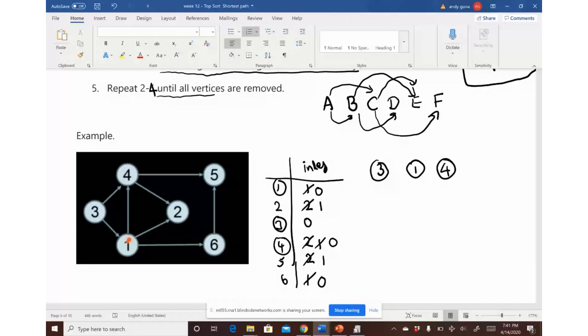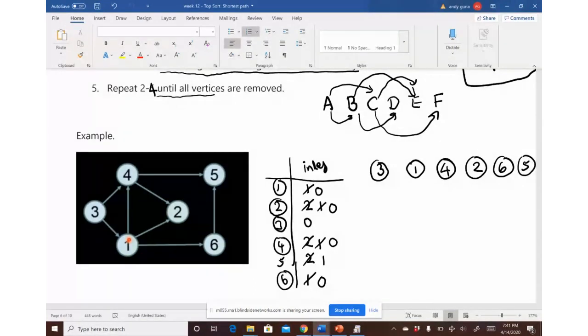And so we get that. And then we pick 2. And 2 has no connections, so we don't do anything. Then we pick 6, and then finally we pick 5.